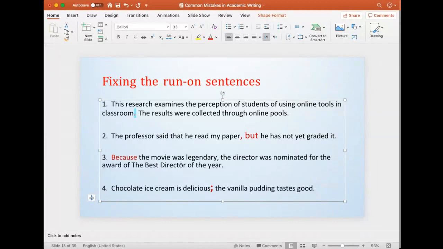Okay, this doesn't mean that your answers are not true, but as I've told you before, we can formulate our sentences in different ways and they still communicate the same meaning. Okay, but we have to be careful about that. And the last one here, we use a semicolon. Also, we can use because. Okay.